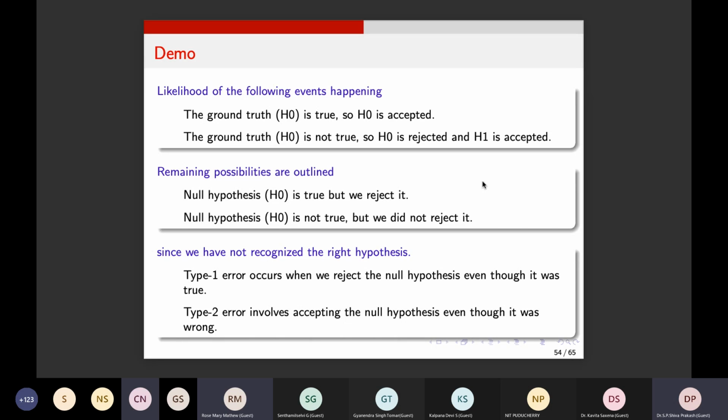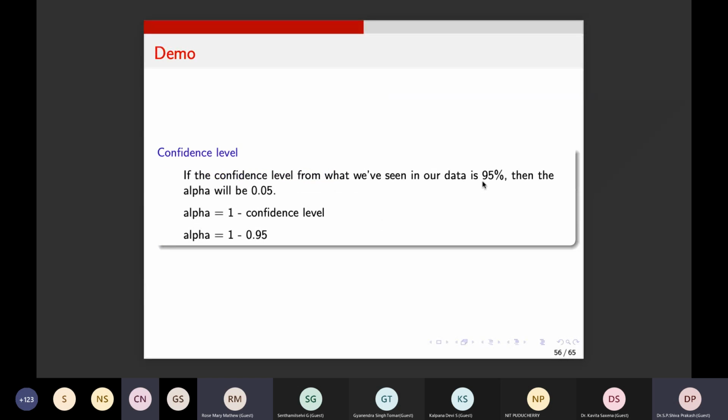So to obtain the confidence level, if the confidence level from our data is around 95%, then the alpha will be 0.05. So alpha can be calculated as 1 minus the confidence level.